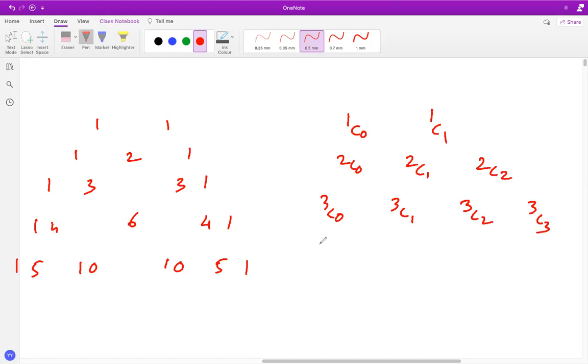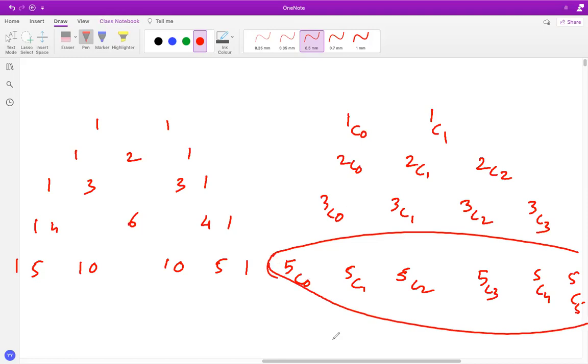So for the fifth row, I can write 5C0, 5C1, 5C2, 5C3, 5C4, and 5C5. So this is how you write the expression for the fifth row.